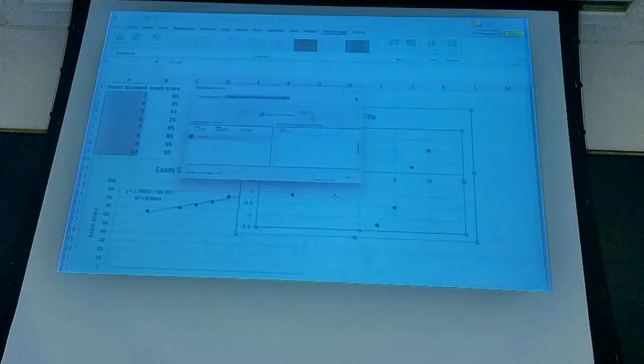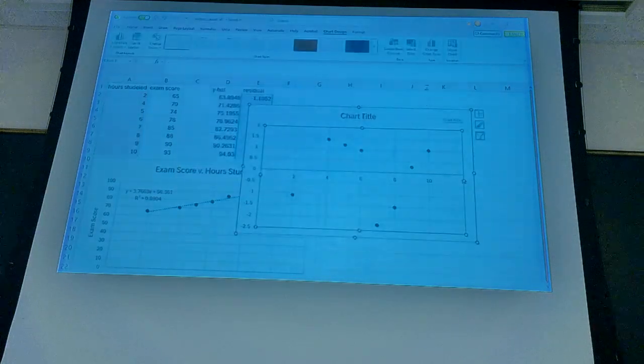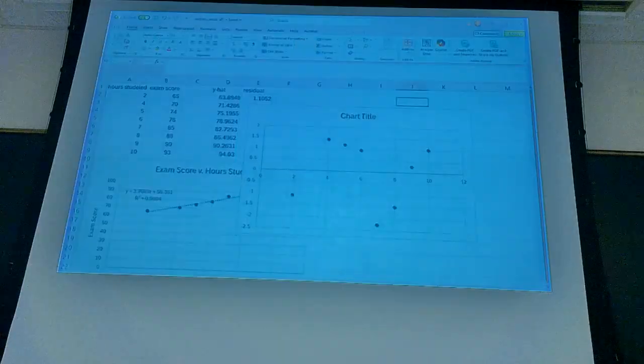Right click, select data. Don't want that on the horizontal. Move that on the vertical. No, that's right. I'm sorry. The explanatory is the horizontal. That's right.